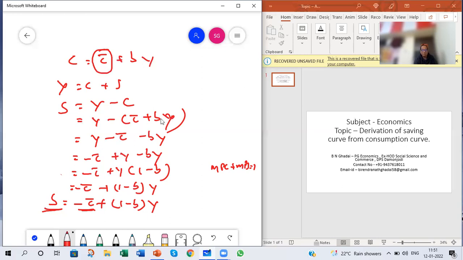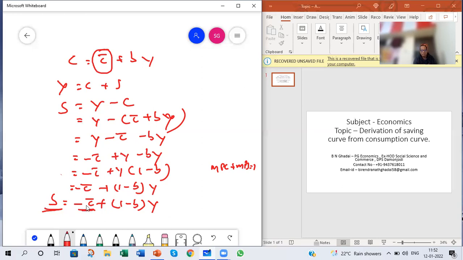Now as we lift the bracket, we have Y minus C bar minus bY. Further rearranging, we have minus C bar plus Y minus bY. Then we have minus C bar plus Y, taking common 1 minus b. Further I have rearranged it, so it is minus C bar plus (1 minus b)Y.